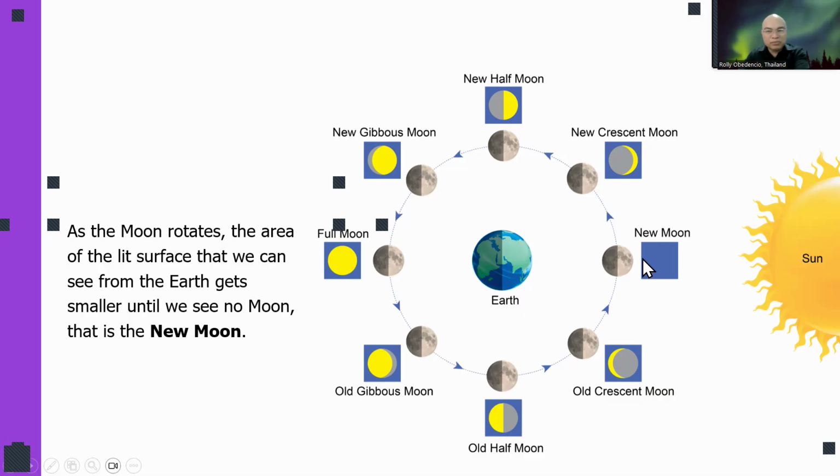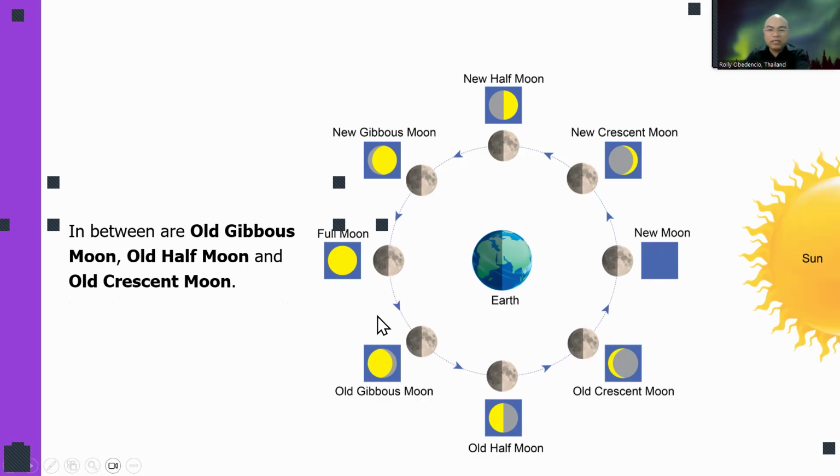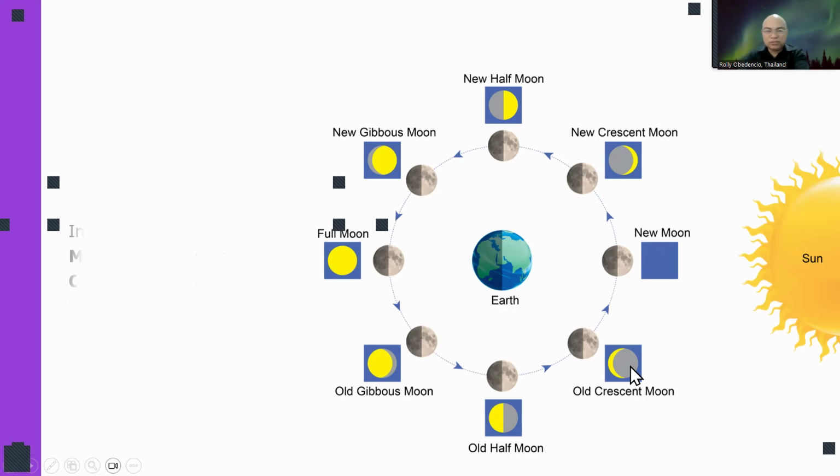That is the new moon. So it gets smaller, here old gibbous moon, then becomes smaller again to the old half moon, to the old crescent moon, until we don't see it again because it's new moon. In between are the old gibbous moon, old half moon and old crescent moon.